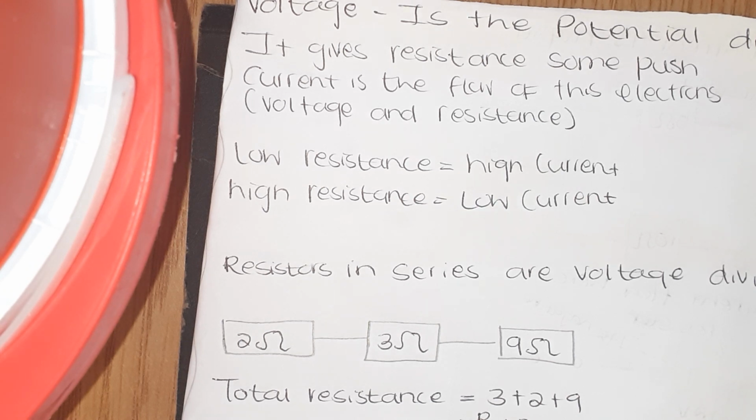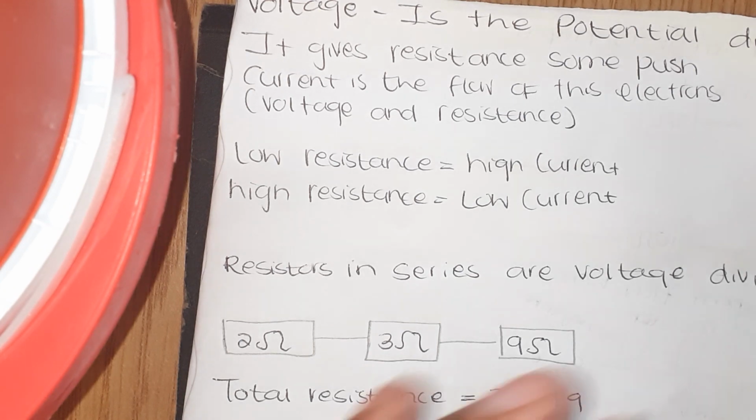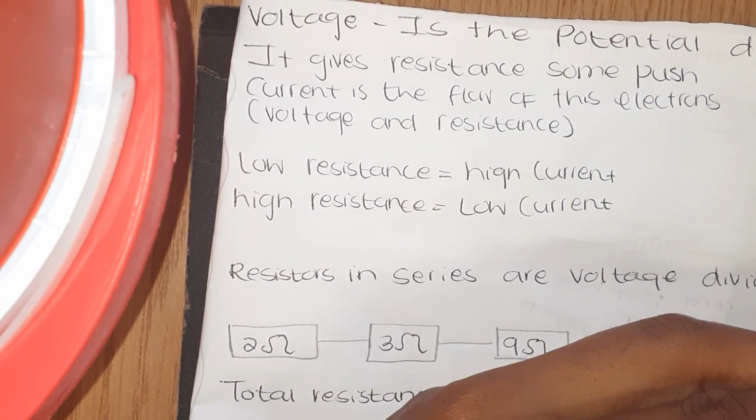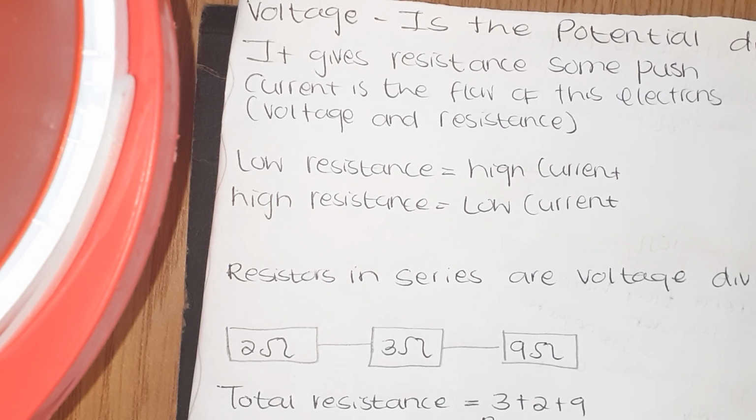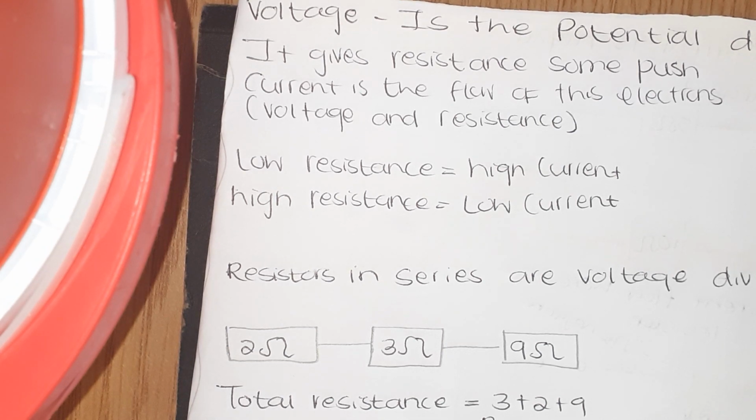So when there's low resistance, there's high current. There is nothing stopping the voltage from going through, so the resistance is very low, so there will be high current. And when there is high resistance, there will be low current.